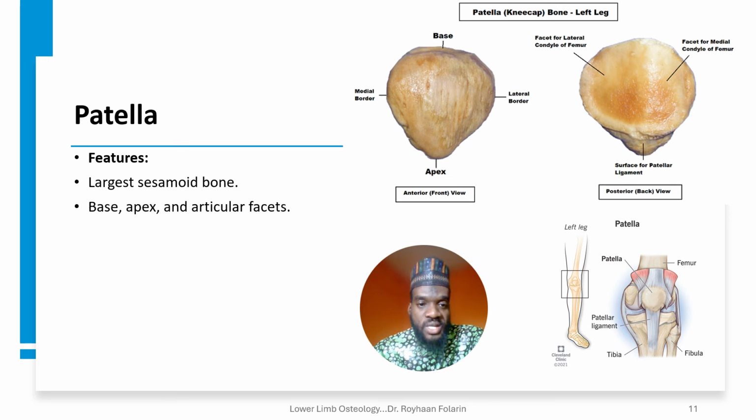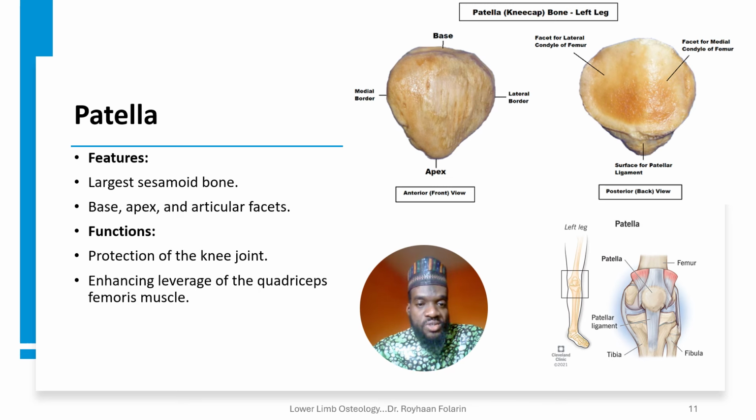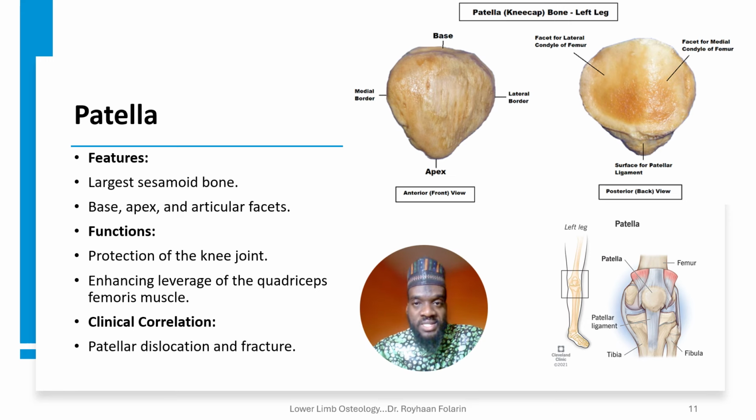So from this, we appreciate that the patella is the largest sesamoid bone. It has a base, apex, and articular facets, and it functions to protect the knee joint, enhancing leverage of the quadriceps femoris muscle. Clinical issues regarding the patella include fracture or dislocation, which can significantly impair the extension of the knee.